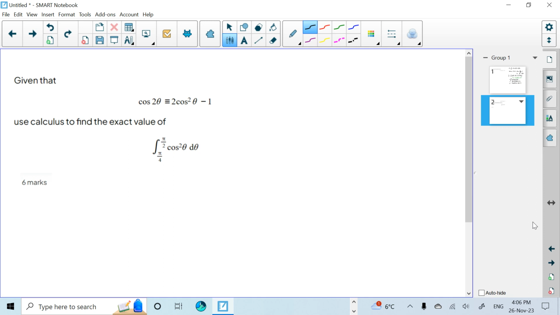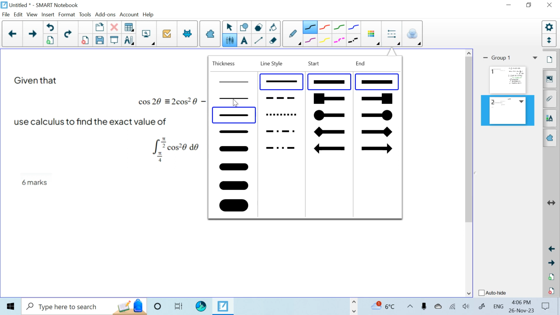So let's have a go at that, and let's do the maths. So again, we need to start by calling our integration something. So they're telling us to use identities. So we've got cos 2 theta. Let's change the thickness of the pen. It's a bit too thick. We go for that one. That's better.